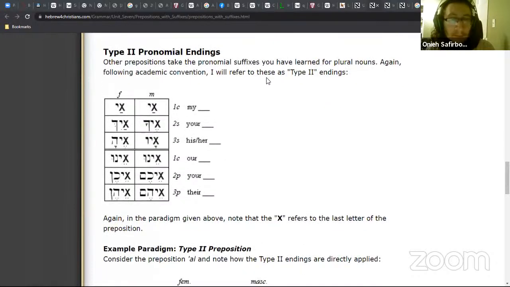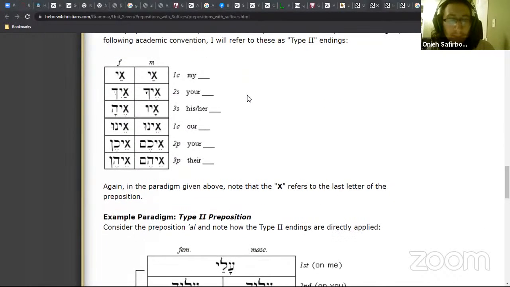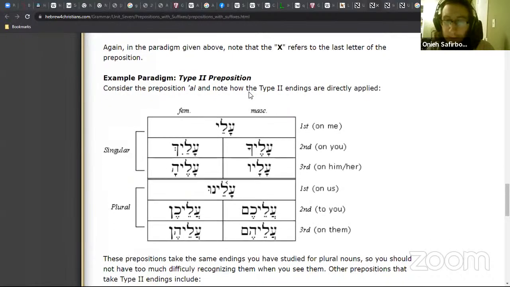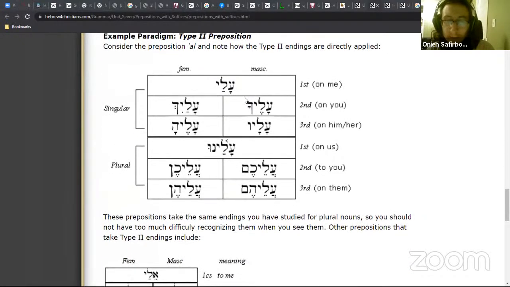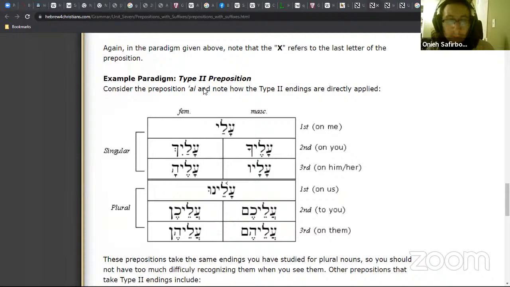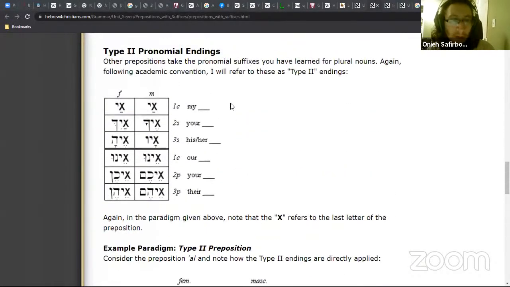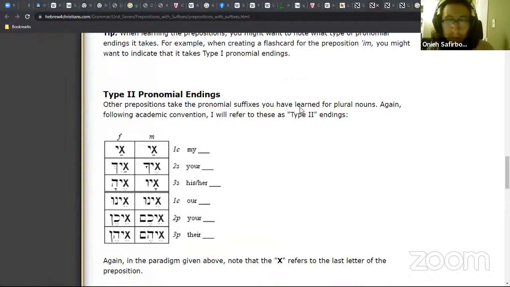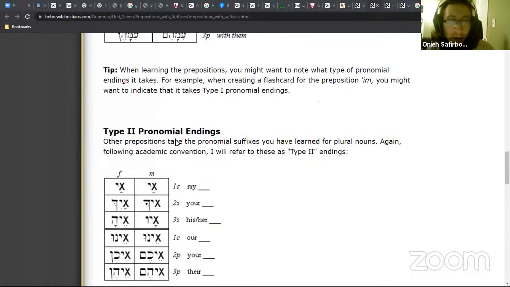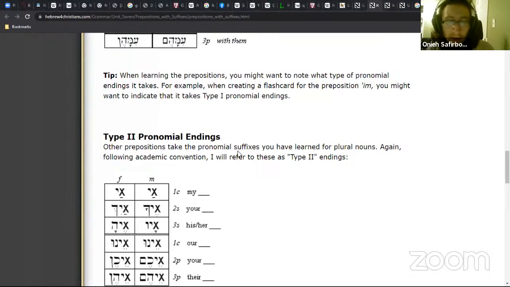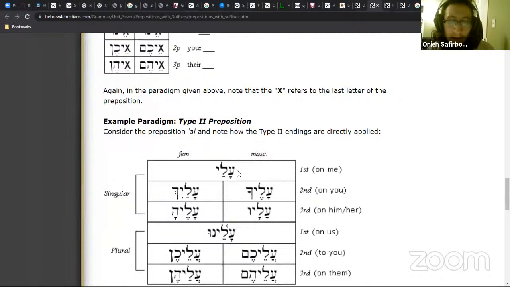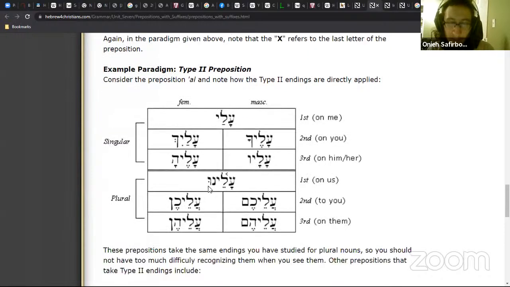Let's see. If it's a plural noun, well, it says other prepositions take the suffixes for plural nouns for some reason. So the preposition ayin lamed takes plural ending forms for some reason.